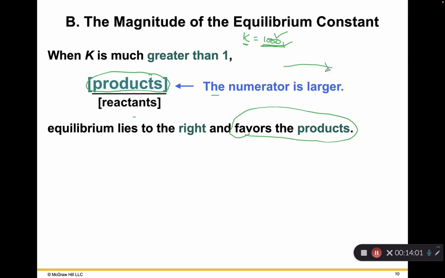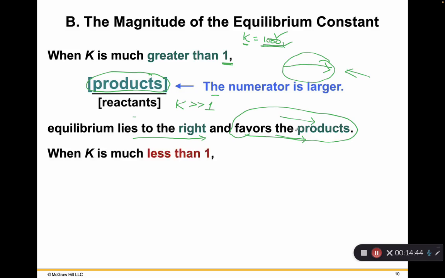If the reaction is forward going. Out of the forward and reverse reactions, if the forward reaction is dominating, then it favors the product, and it means when products have larger numbers, the value will be greater than 1. So whenever the K value is much greater than 1, we understand the equilibrium is lying to the right. It is favoring the right hand side of the equilibrium. It is favoring formation of the product. That's what we understand.